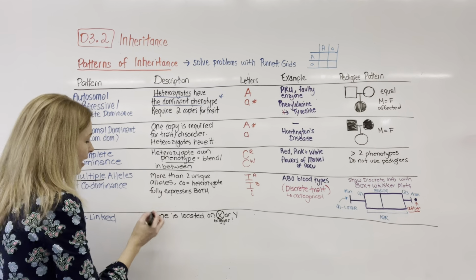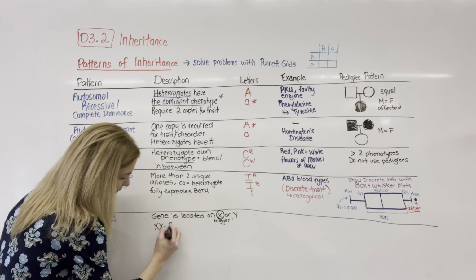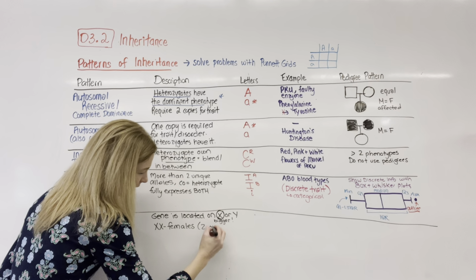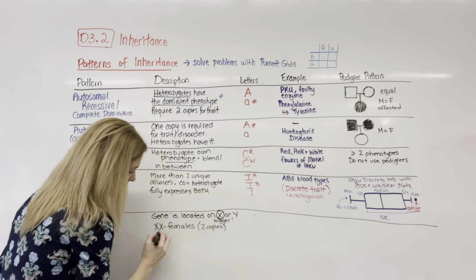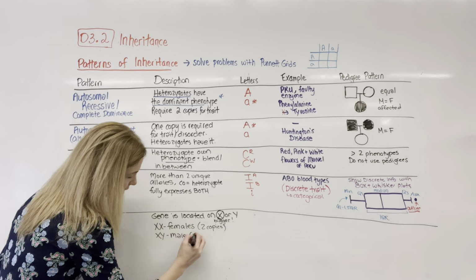These are going to be inherited differently due to the fact that XX is females, so they get 2 copies, and XY is biologically male, and so they only get 1 copy.